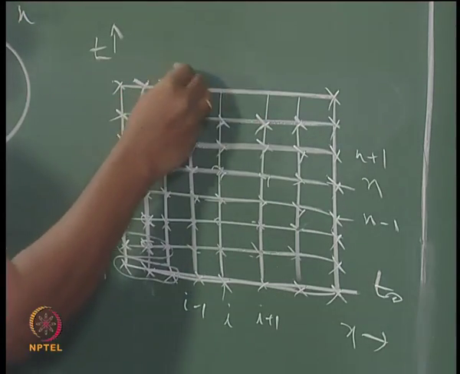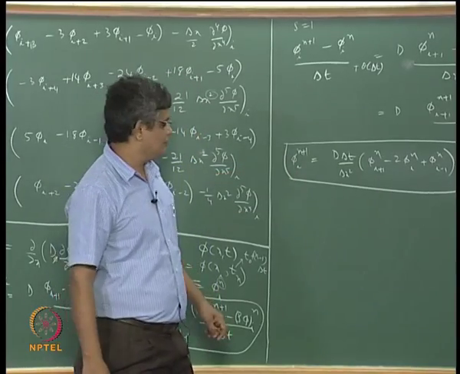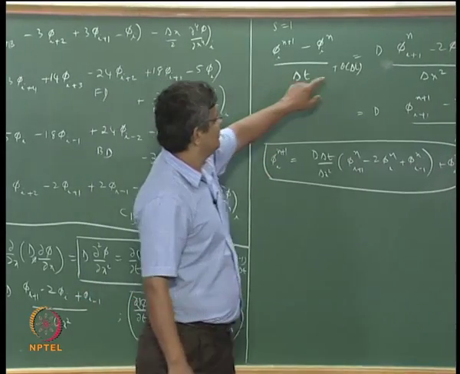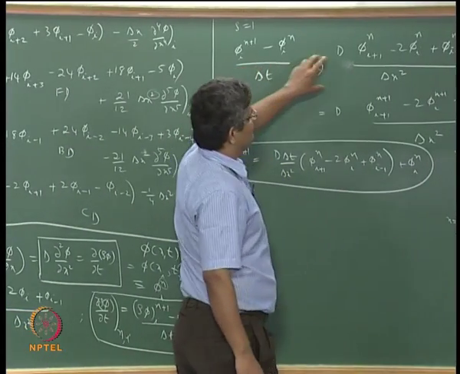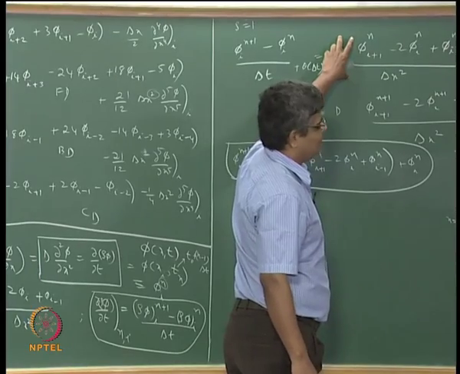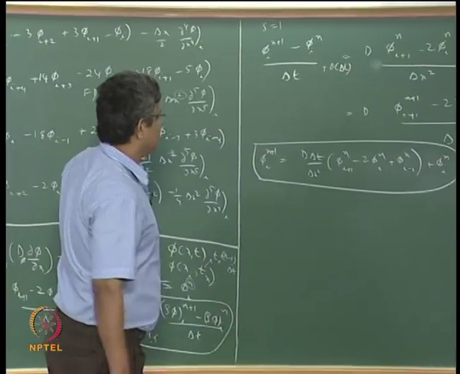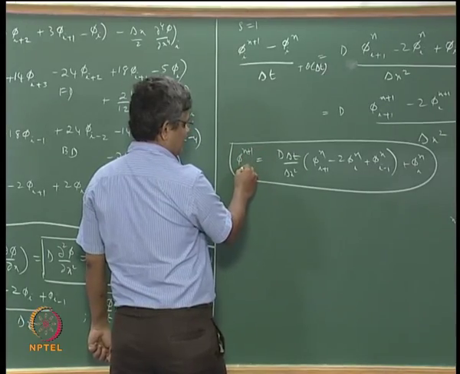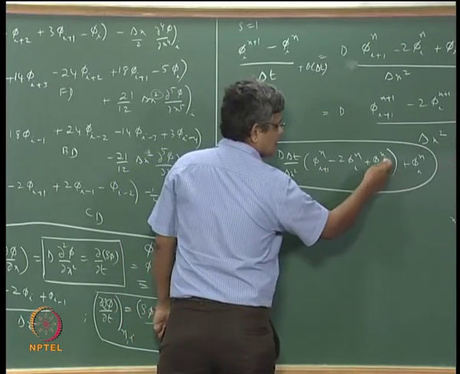Okay, so we can find all the unknowns by making use of this expression at each point, and so that is the characteristic of this particular solution, where we choose to evaluate the right hand side space derivative in terms of the value at n, okay. And so we can say that the value at n plus 1 at a particular space point is expressed explicitly in terms of the values at the previous time steps.